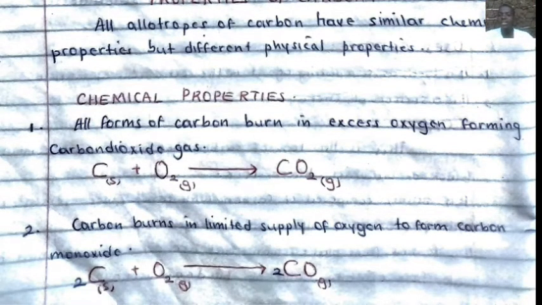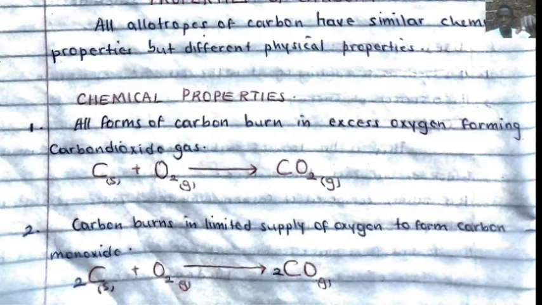We are going to look at what happens when carbon is burnt in excess oxygen. When carbon is burnt in excess oxygen, carbon dioxide gas is formed. From that equation, carbon as a solid plus oxygen as a gas forms carbon dioxide gas. If it is burnt in a limited supply of oxygen, it forms carbon monoxide gas.